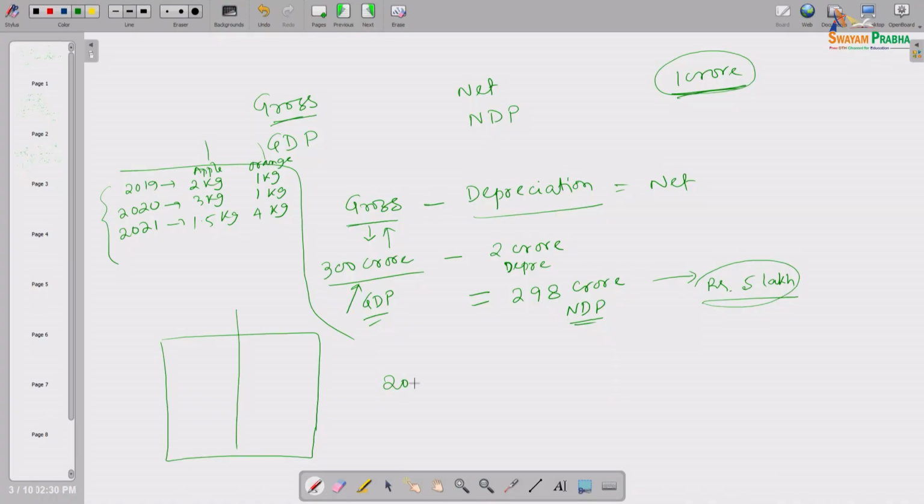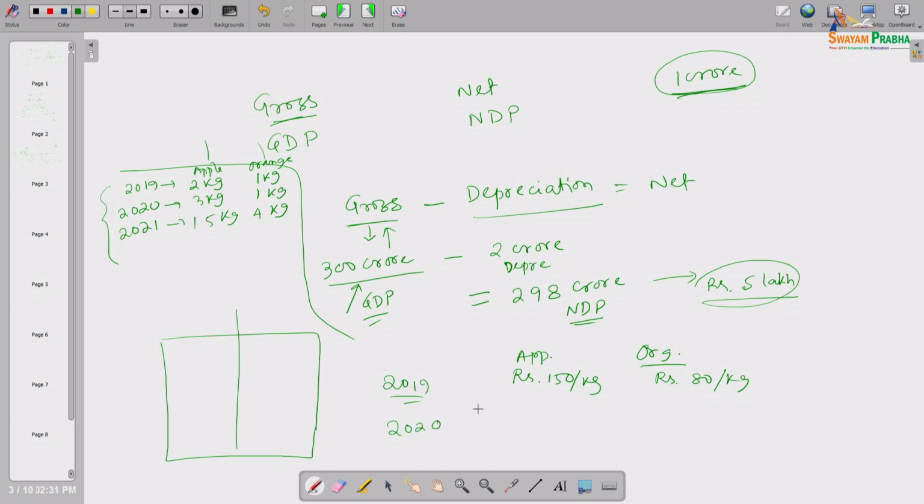Now, this apple price and orange price may be changing over these time points. Suppose in 2019, apple price was say rupees 150 per kg and orange price was say rupees 80 per kg.